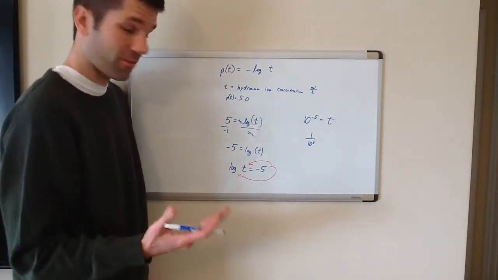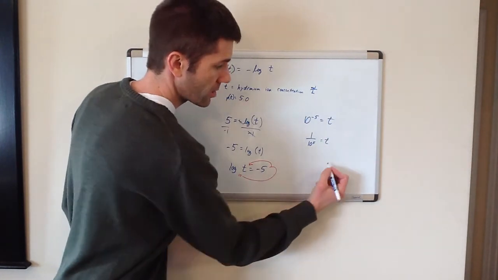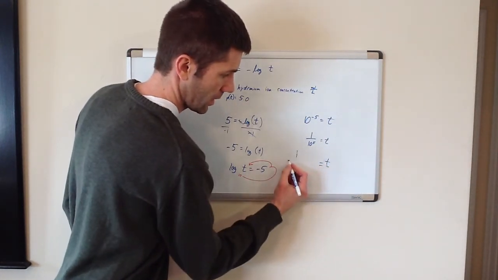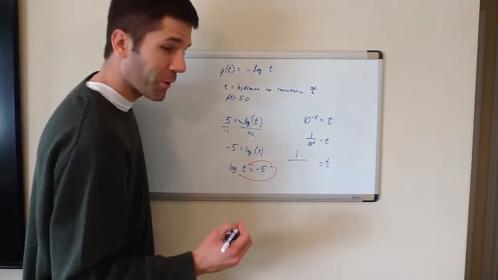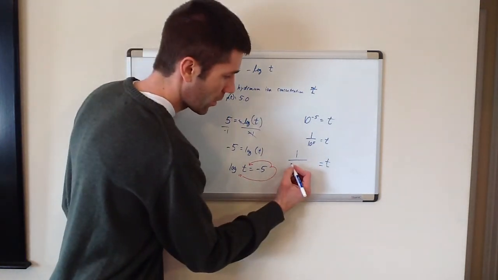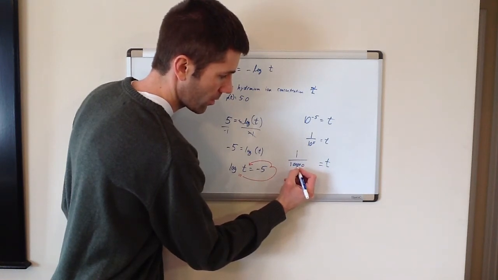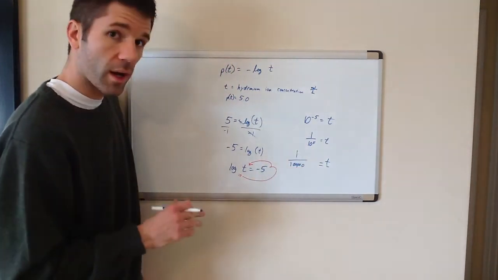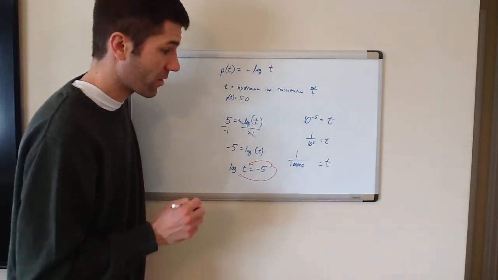Well, what's 10 to the 5th? This is equal to T, by the way. So T is really, as a good old-fashioned fraction, going to be 1 over, and then 5 zeros. So T is 1/100,000th.